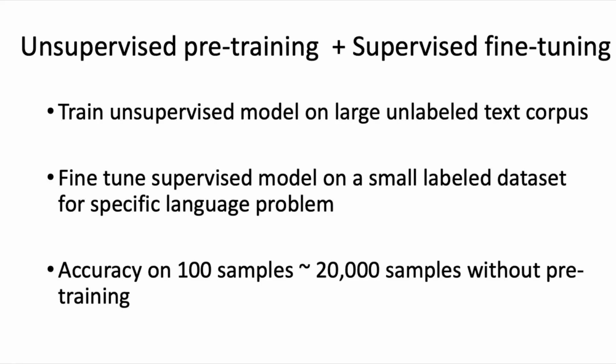So, unsupervised learning, in addition to being a very important learning approach on its own, is also a very useful approach for pre-training supervised learning models to prepare them to solve problems for which we have limited labeled data.